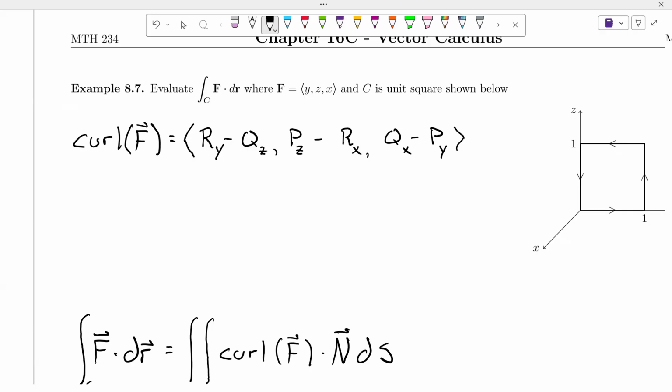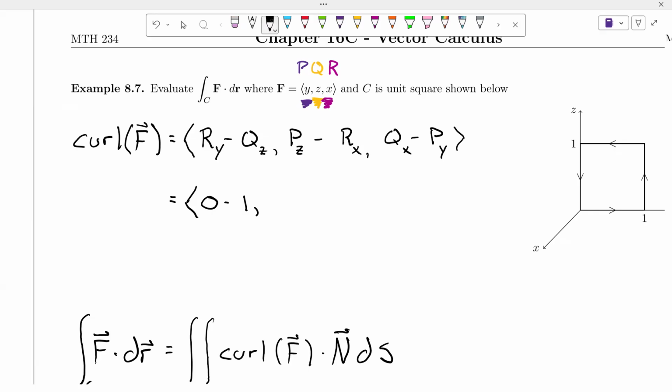Let's put some stuff together. P is the first component, Q is the second component, and R is the Z component. So let's write down what that curl is going to be. R partial y: that's x partial y, which is 0, minus Q partial z: z partial z is 1, so 0 minus 1.